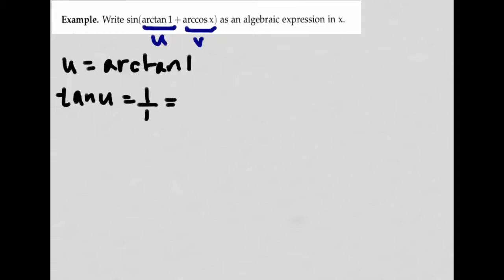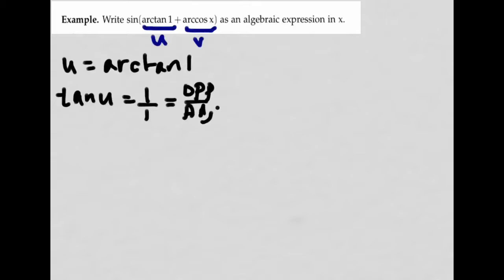So we'll say u is arc tan 1, which means if we apply tan on both sides, we get that tangent of u is equal to 1. Well, we can write that as 1 over 1, which, remember, in a right triangle, the tangent is the opposite over the adjacent.